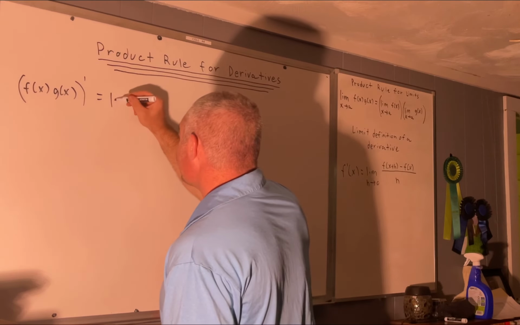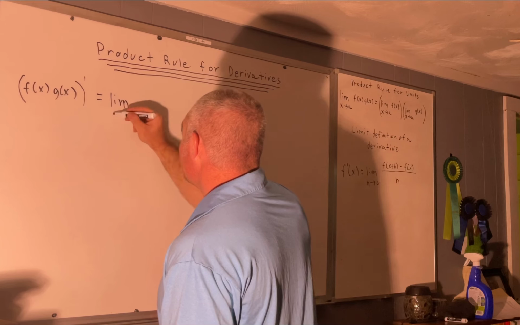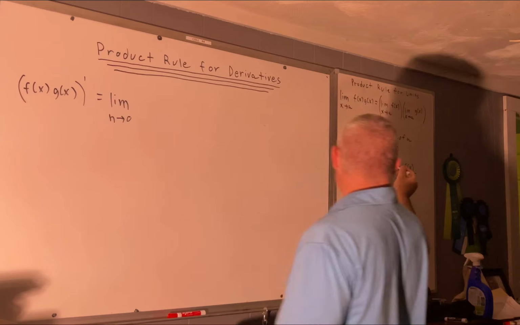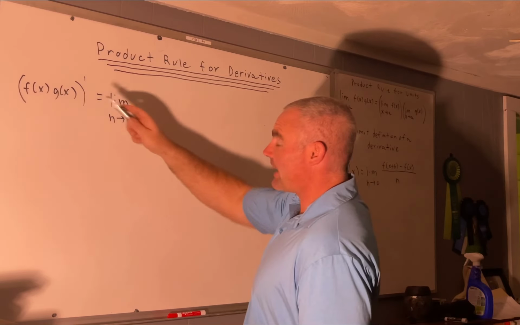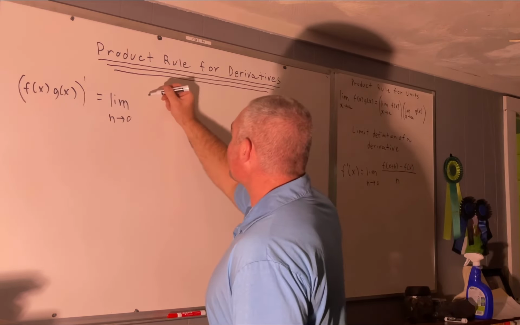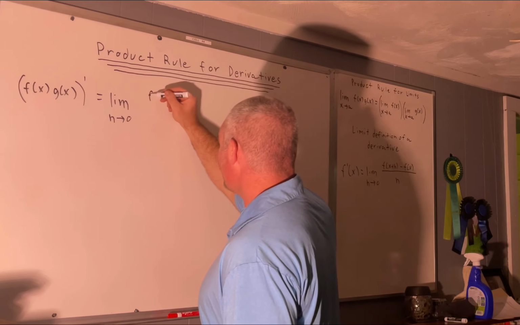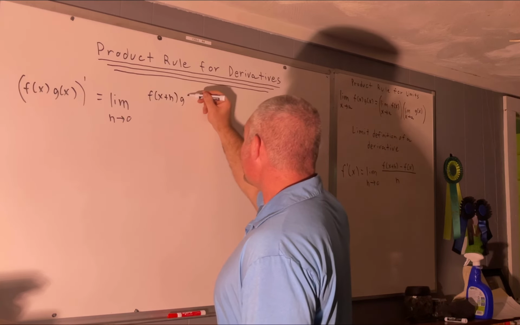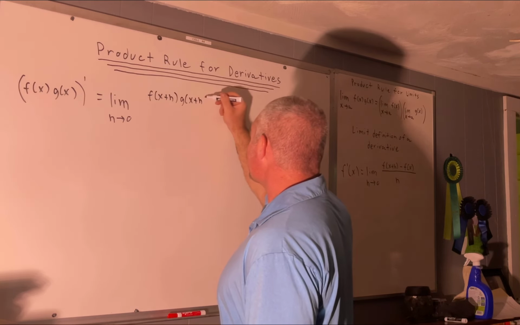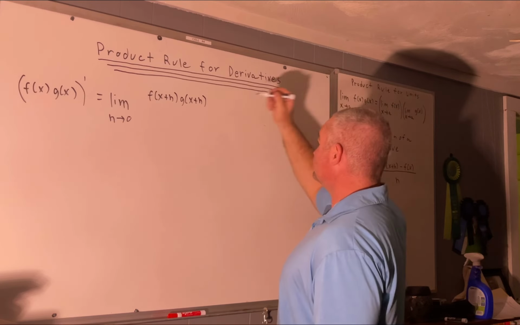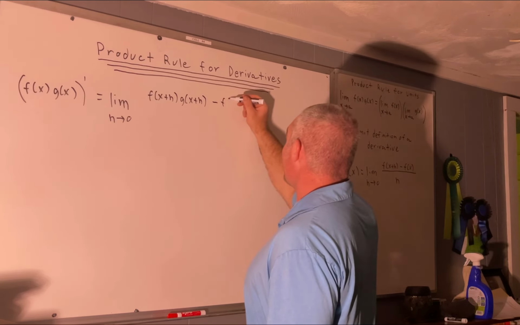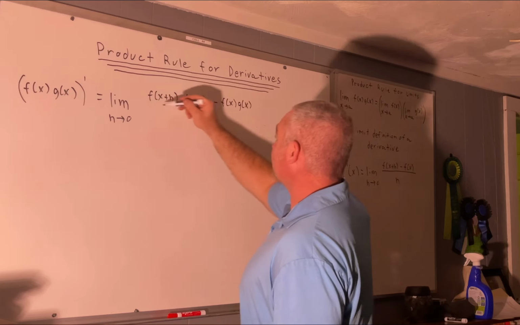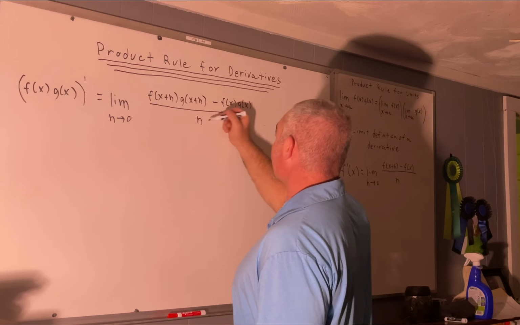That's going to be the limit as some value h approaches 0 of, okay, we have f of x plus h, but really our f of x is f of x times g of x. So that's going to be f of x plus h times g of x plus h minus f of x times g of x all over h, right?